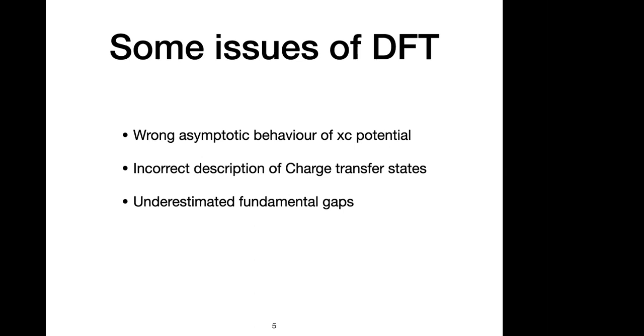But fundamental gaps are kind of like our first order starting point for excitations. And yeah, so these issues combined make it sometimes problematic to actually do TDDFT. Well, you can do TDDFT, but it makes it sometimes a little bit inaccurate in practice, and there are ways around it. For instance, range-separated hybrids, or range-separated double hybrids, if you like. But BSE solves these problems a little bit more directly.